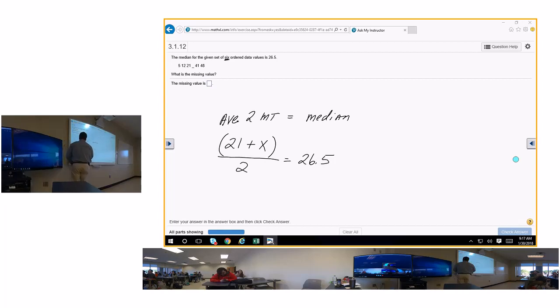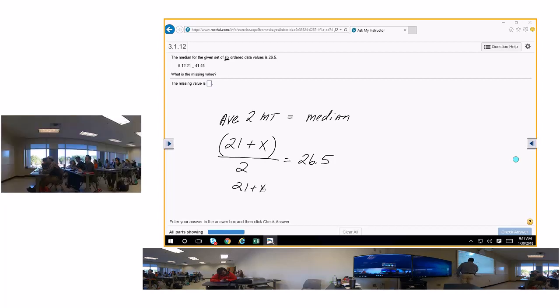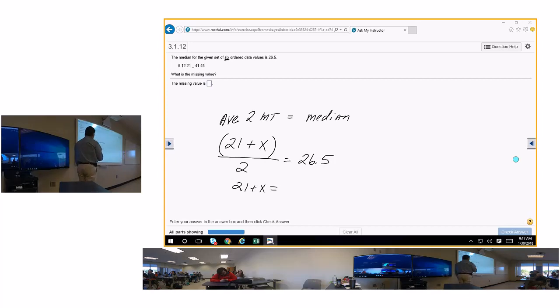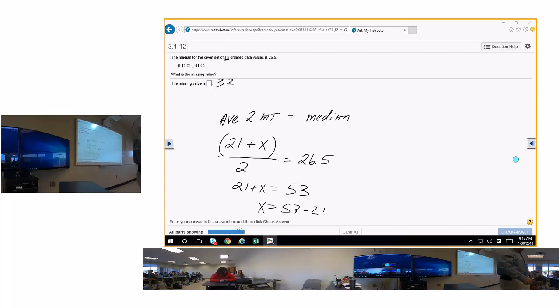Multiply by 2. 21 plus x is equal to 53. X is equal to 53 minus 21, and that's 32. So x is 32. A little bit of pre-algebra there.